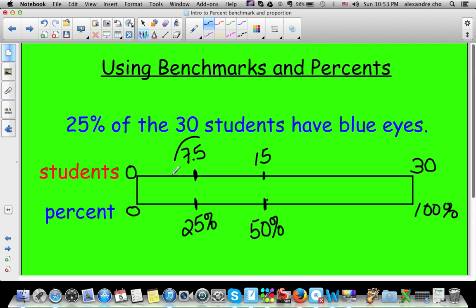Right here I'll draw a circle. 25% is equivalent to 7.5 students. So 7.5 students out of 30 have blue eyes. And that's how I use benchmarks. I use the benchmark 50% and then 25%. Okay? Pretty easy?